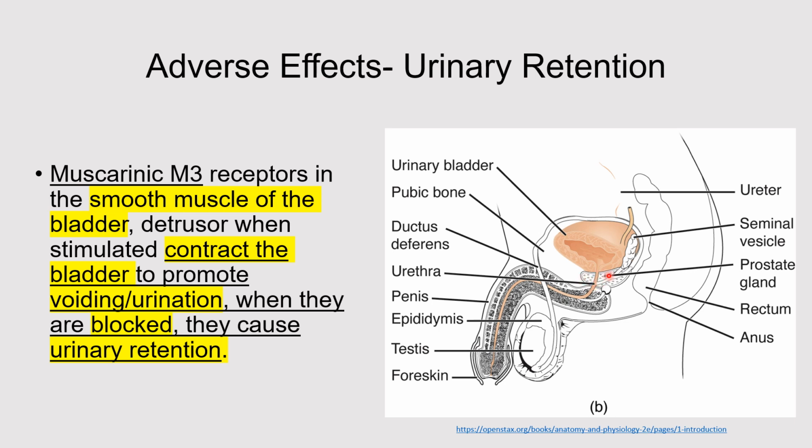If the patient has the obstruction already, then this drug is going to cause more problems, because the patient is going to have urinary retention because of the blocking of the bladder muscle itself. So you have to be cautious when patients have this condition, or avoid this drug if the patient has severe BPH.